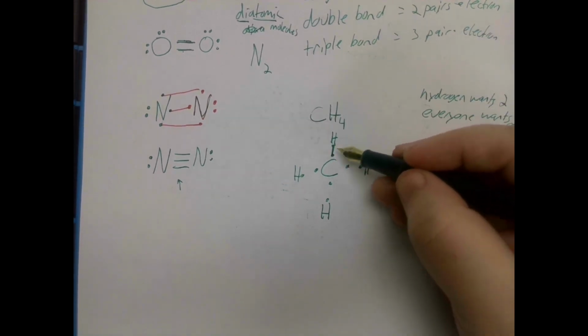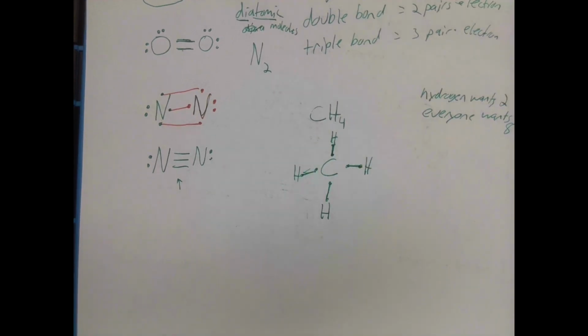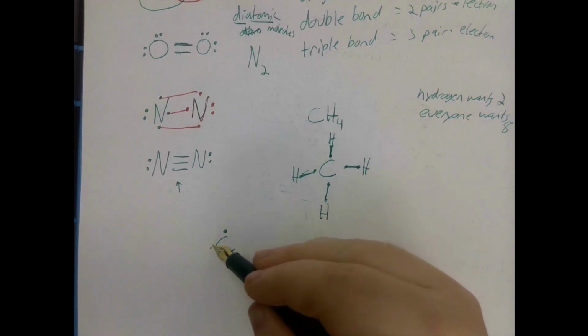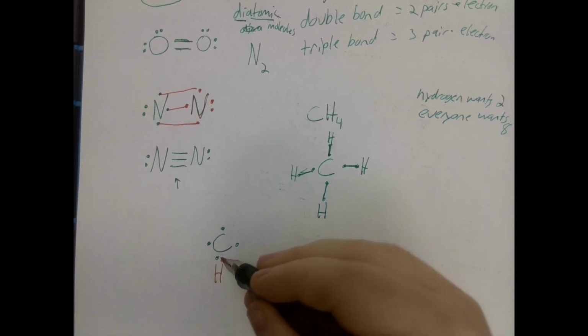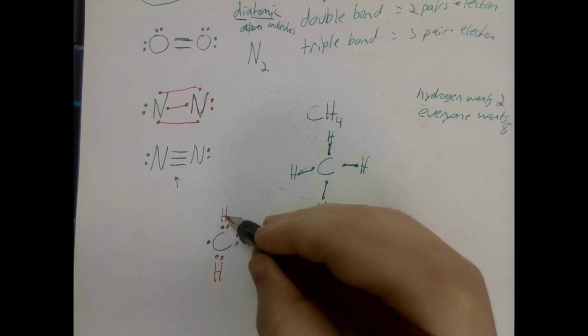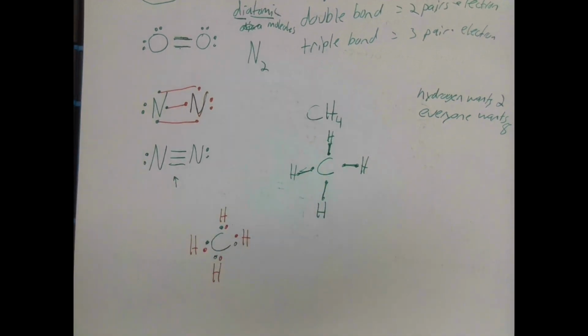So we can bond these up like this. Carbon comes to the center. So the hydrogens are coming in here. Each hydrogen has 2 dots next to it.